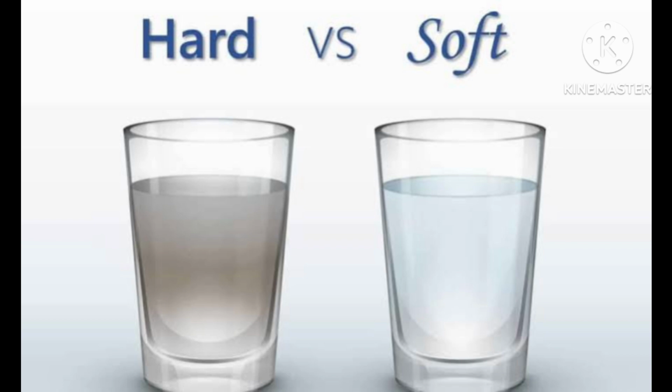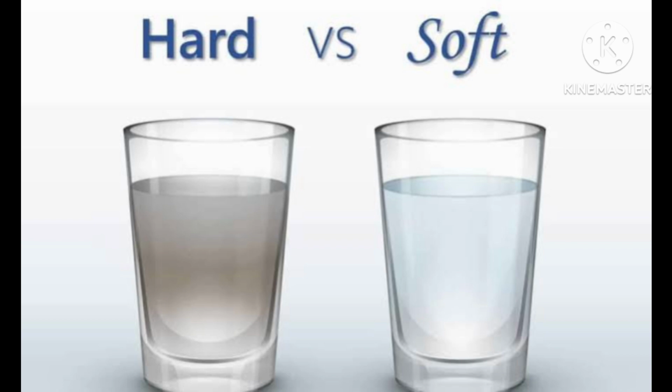Only when all calcium has reacted with soap can the cloth be cleaned. Until calcium is there, the cloth will not be cleaned. That's why more soap will be required to clean the cloth.